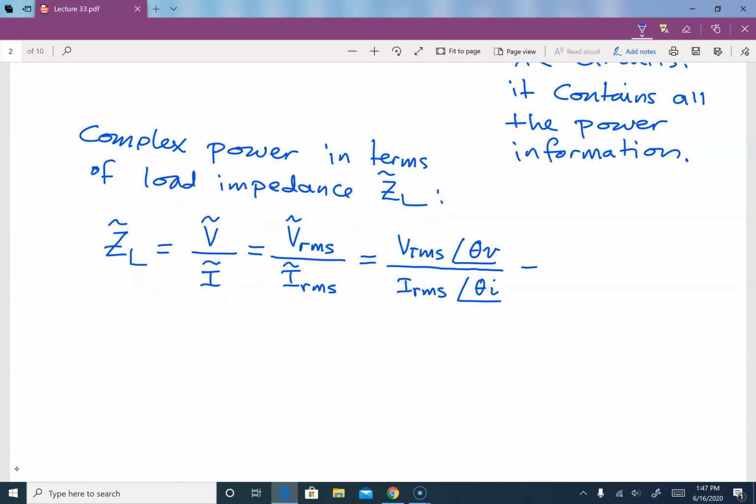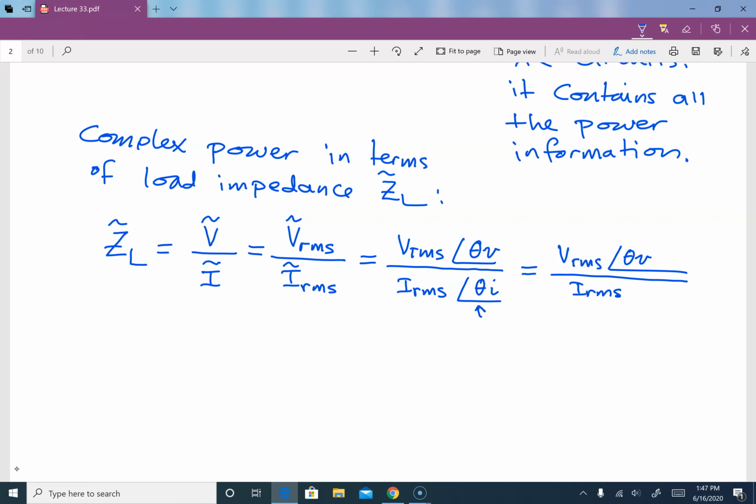So if you look at this, we can write that as VRMS with angle theta V divided by IRMS.